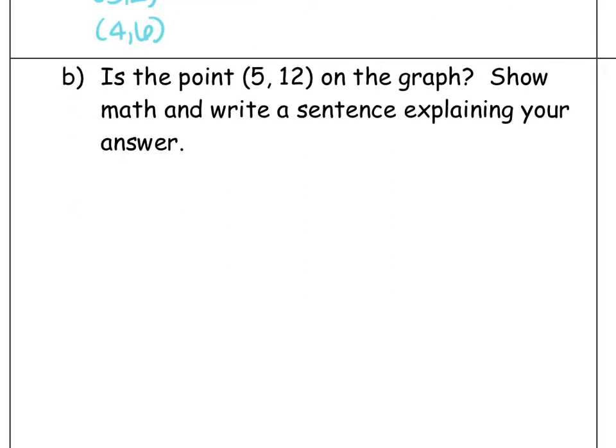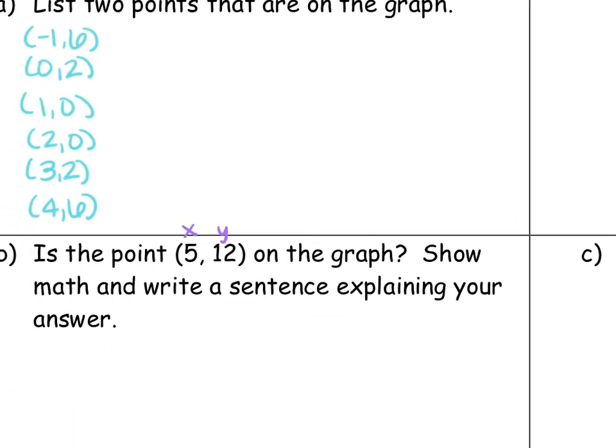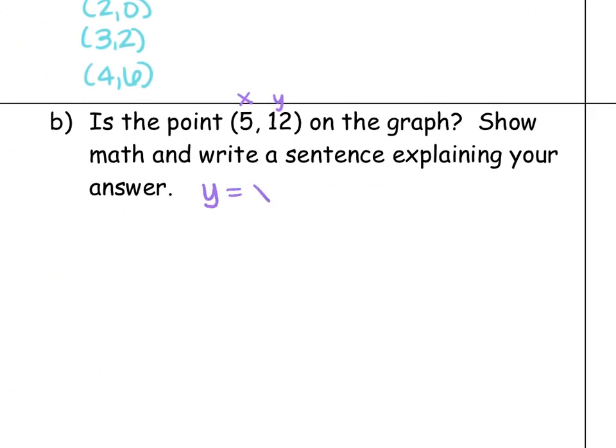This question asks, is the point (5, 12) on the graph? To determine whether a point is on the graph of an equation, we are going to plug that coordinate into the equation and see if it makes the equation true. The equation was y equals x squared minus 3x plus 2. I'm going to plug in 5 for x in both places where x is in the equation, and 12 for y.